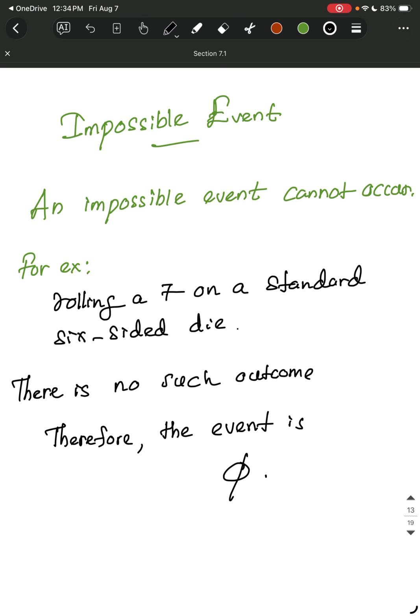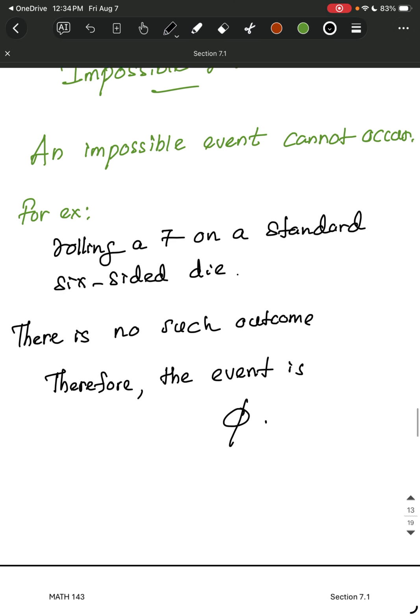Okay, when rolling a standard die, is rolling a number less than 10 certain, impossible, or neither? The answer should be certain. So rolling an 8, impossible, right? So let's go for the quick check.